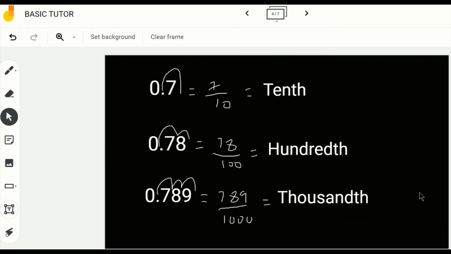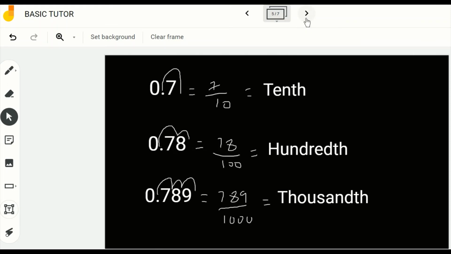Okay, in summary, we're saying that one decimal place represents tenth, two decimal places represent hundredth, and three decimal places represent thousandth. And the reason we are using tenth and not 10 is because it is a fraction.